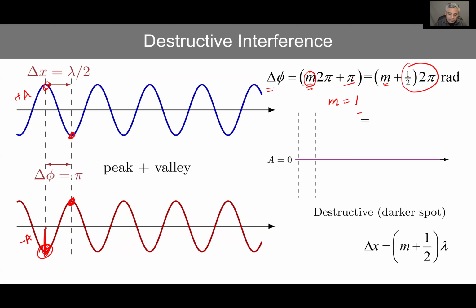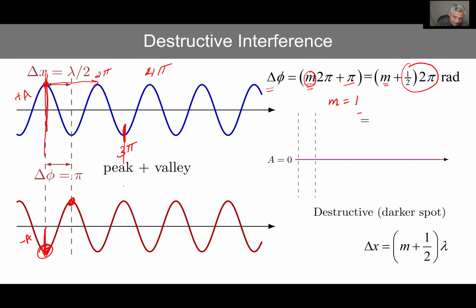Looking at here, where do we find 3 pi? From here to here, one wavelength is 2 pi. And over here, this is 4 pi, the next peak. So over here is going to be 3 pi starting from here.